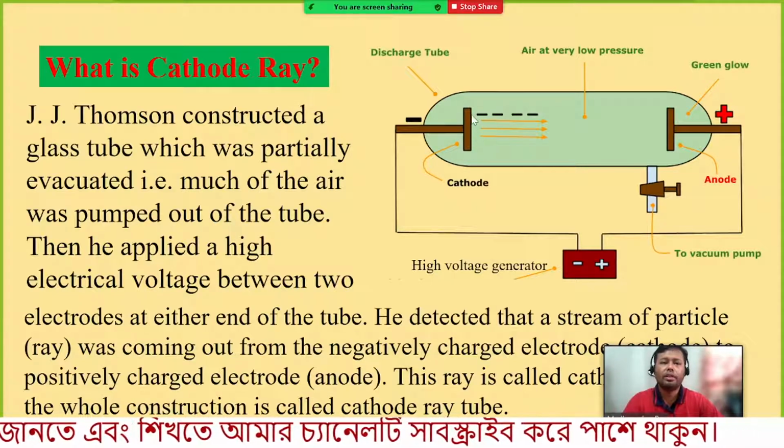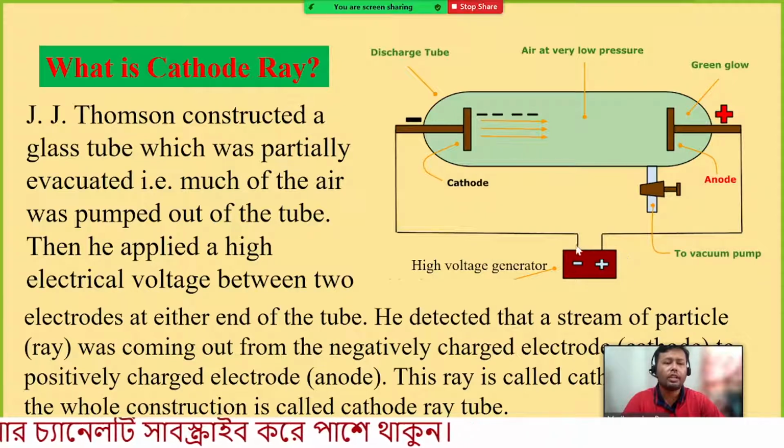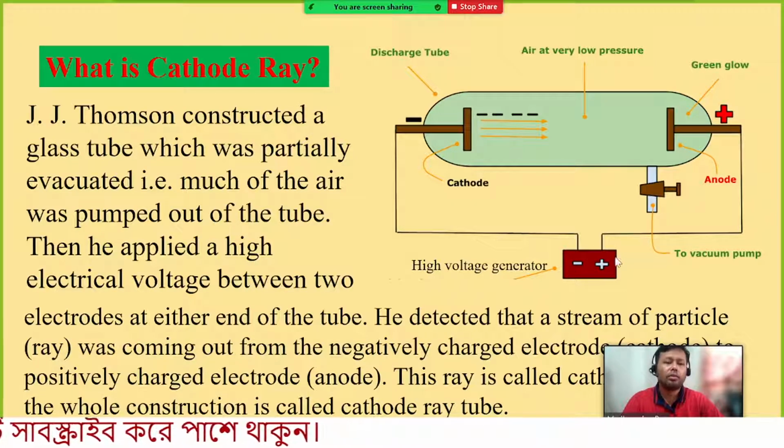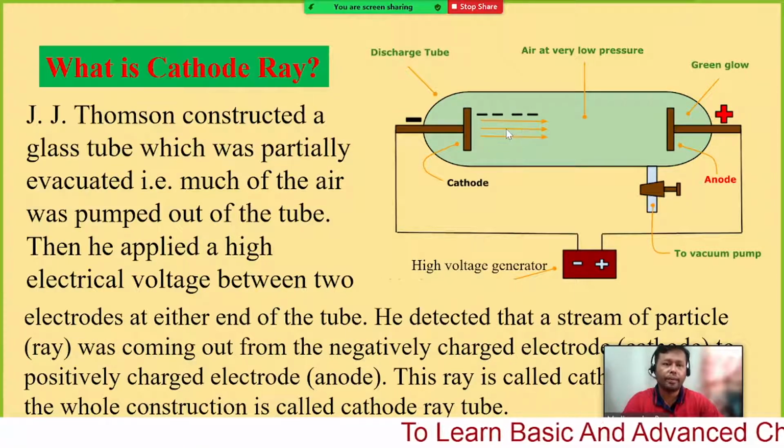This is the cathode, and he named this ray the cathode ray, because the ray is coming out of the cathode.